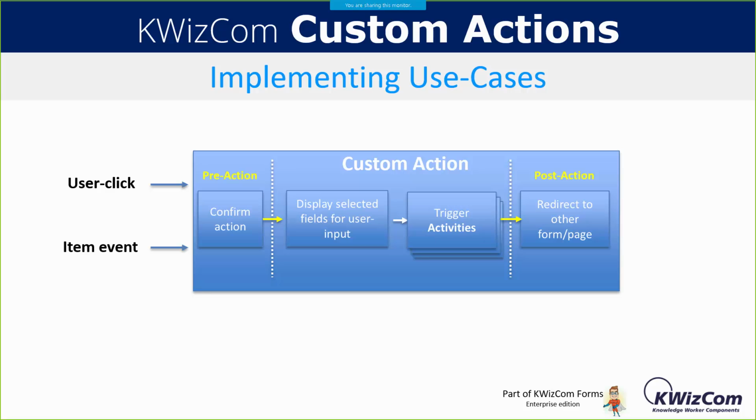And eventually a custom action includes a bunch of activities. An activity is an atomic, reusable action such as add item, send email, call workflow, or call web service. A custom action may include several of these activities with conditions. At the end of a custom action, you can also configure it to redirect the user to some other form, page, or view, and so on. All this sequence is what we call a custom action.